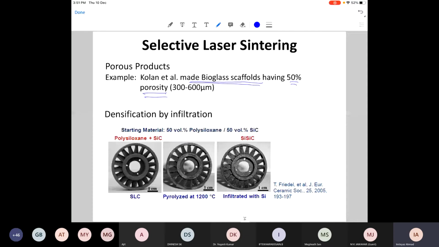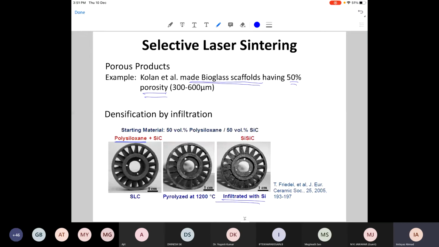And then we have another example, silicon carbide with polysilane, basically. So it is a silicon carbide composite kind of thing, and you later infiltrate with silicon. Very similar to what we do in powder 3D printing.